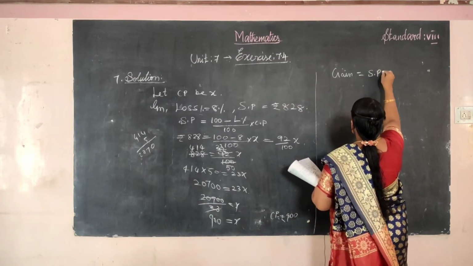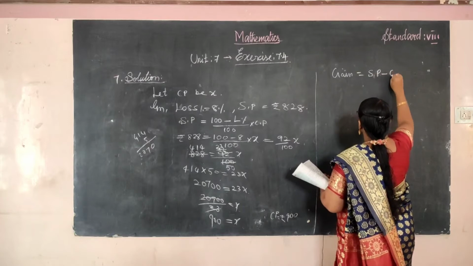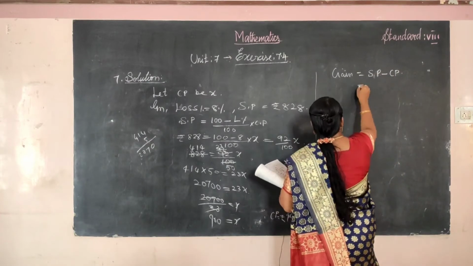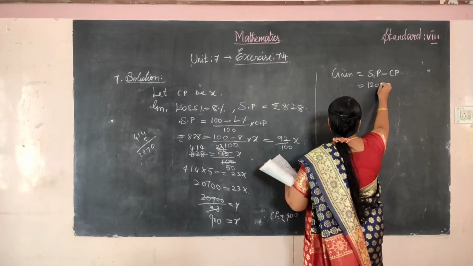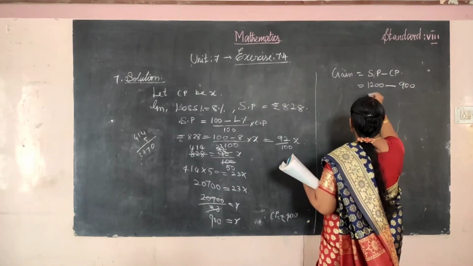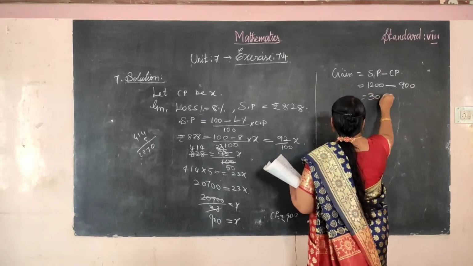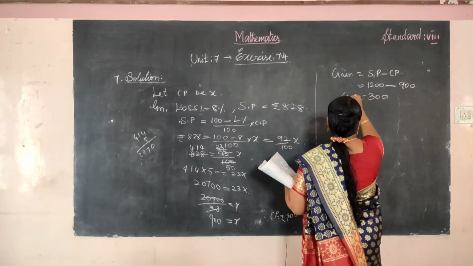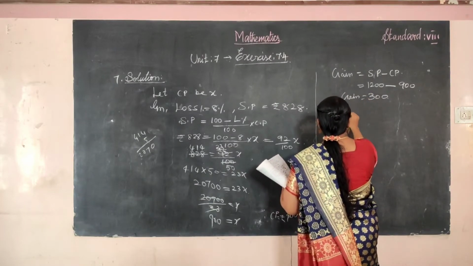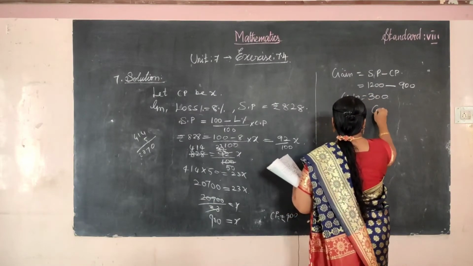Gain is selling price minus cost price, SP minus CP. Okay, so here SP is 1200 rupees, CP value is 900, subtract, we get 300, so gain is equal to 300.